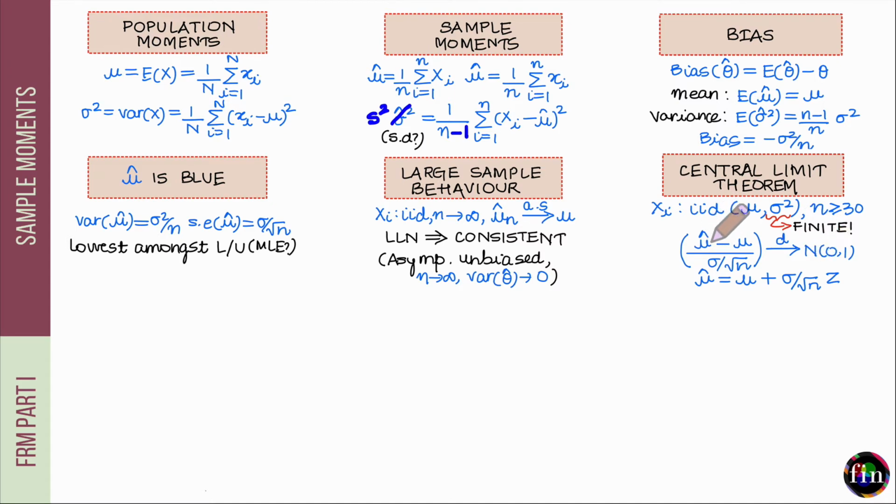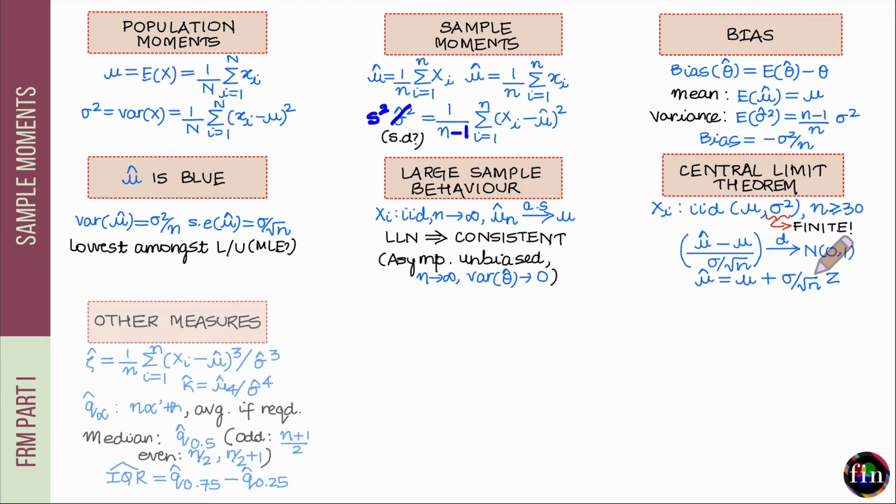Specifically for mu hat, it means that if these conditions are satisfied, its distribution converges to the normal distribution with mean mu and standard deviation sigma over square root of n. That means I can write down mu hat to be mu plus sigma over root n times the standard normal variable z. Okay.